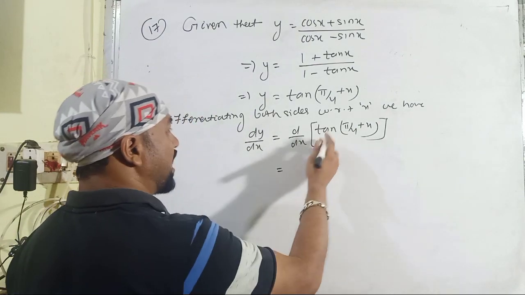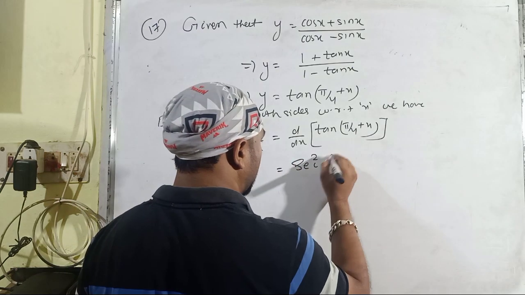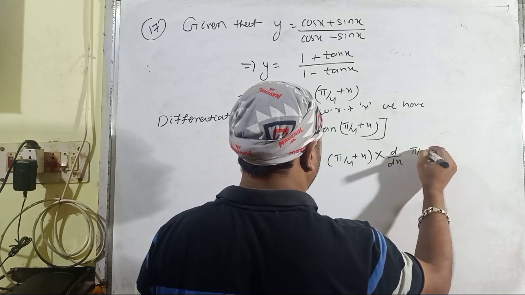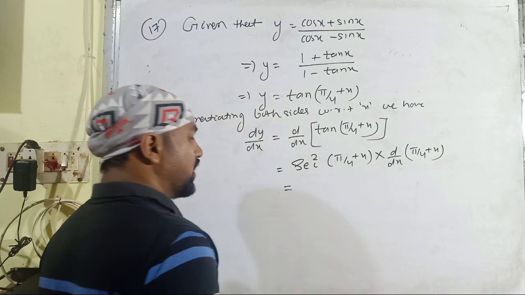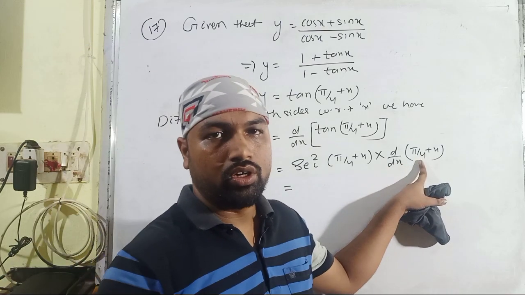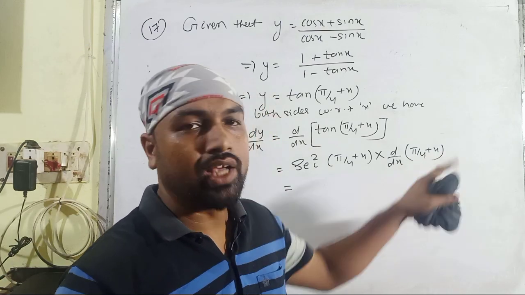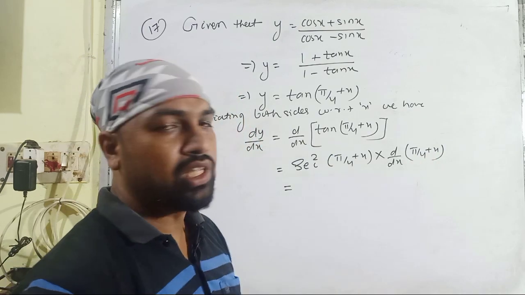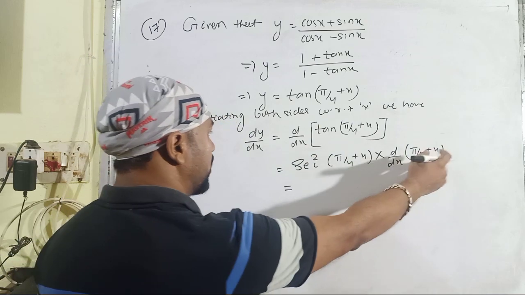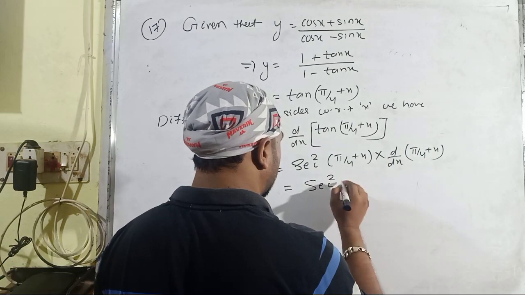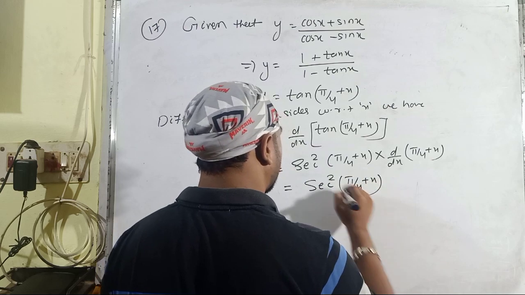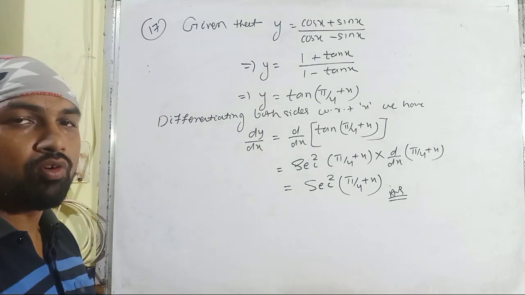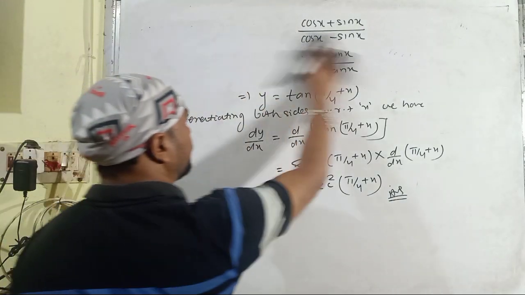So differentiation of a tan function is sec square pi by 4 plus x, again multiplied with differentiation of pi by 4 plus x. Differentiation of pi by 4 is 0 as it is a constant. Differentiation of x is 1. So 1 plus 0 is again 1, and 1 multiplied with any expression gives the same result, so no need to write it down here. So the result will be just sec square pi by 4 plus x, and this is the answer. Then moving on to the problem number 18, 19 and 20.